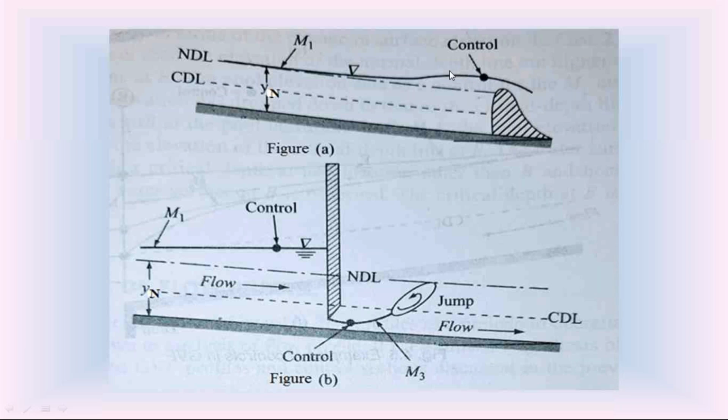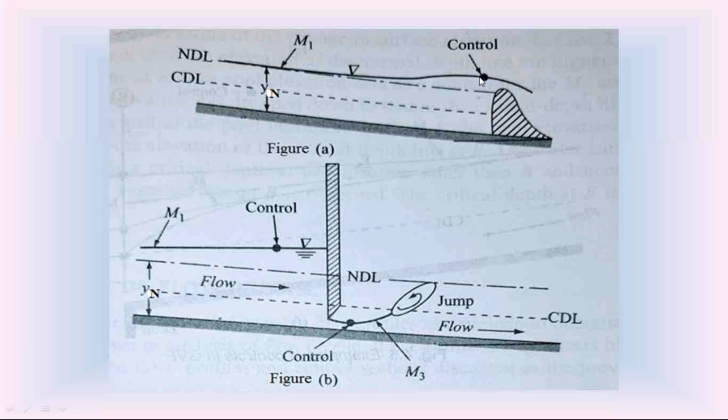In gradually varied flow, Chezy's equation gives the velocity of flow, V equal to C root R SF, where C is Chezy's constant and R is the hydraulic radius. This is the velocity equation for gradually varied flow in open channels. So this water surface profile is a gradually varied flow.